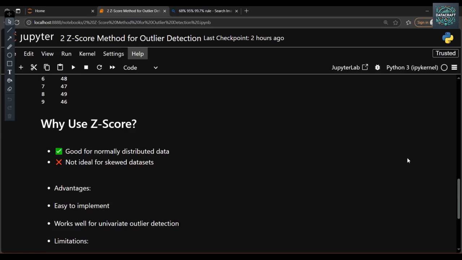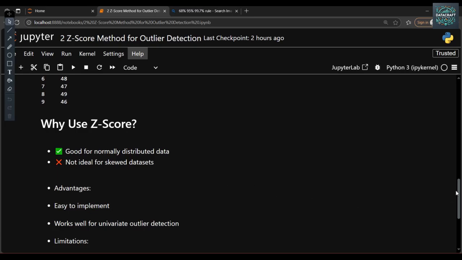Let's try to understand why the Z-score is good for normally distributed data but not ideal for a skewed dataset.